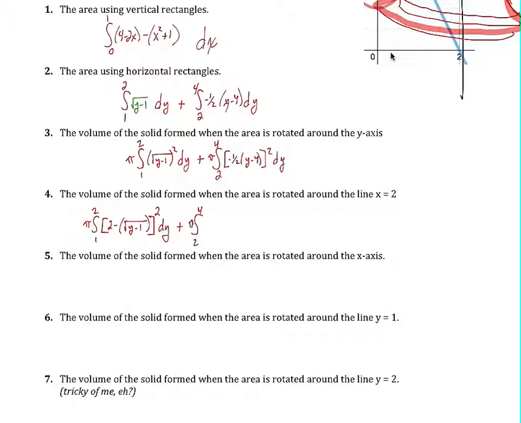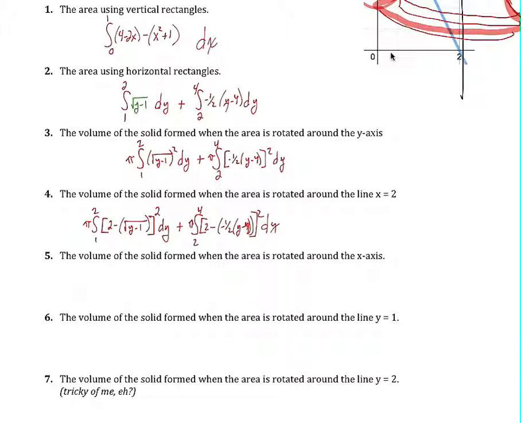The pi is on the outside. The r is going to be 2 minus that second function. That second function is minus 1/2 y minus 4. That's a 4. And then all of this squared and dy.